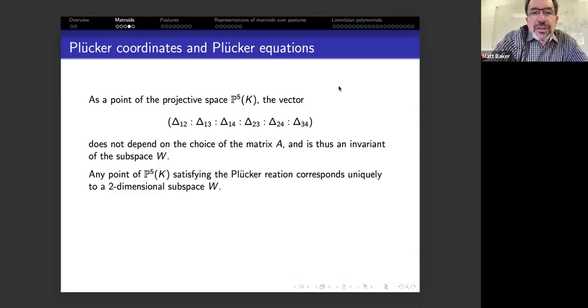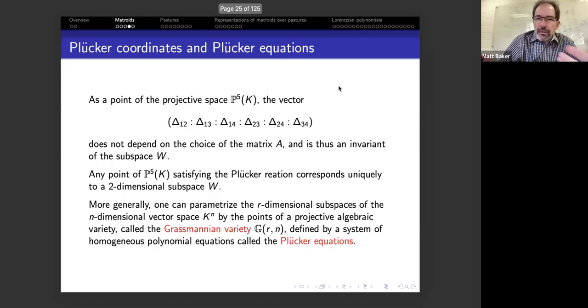So in a nutshell, that's the theory of the Grassmannian, that there's some polynomial equations that cut out the Plücker coordinates of subspaces. And this works for R-dimensional subspaces of an N-dimensional space. The Plücker equations you get define a projective variety called the Grassmannian, GRN. And in general, there's many homogeneous equations. They're all quadratic, called the Plücker equations.